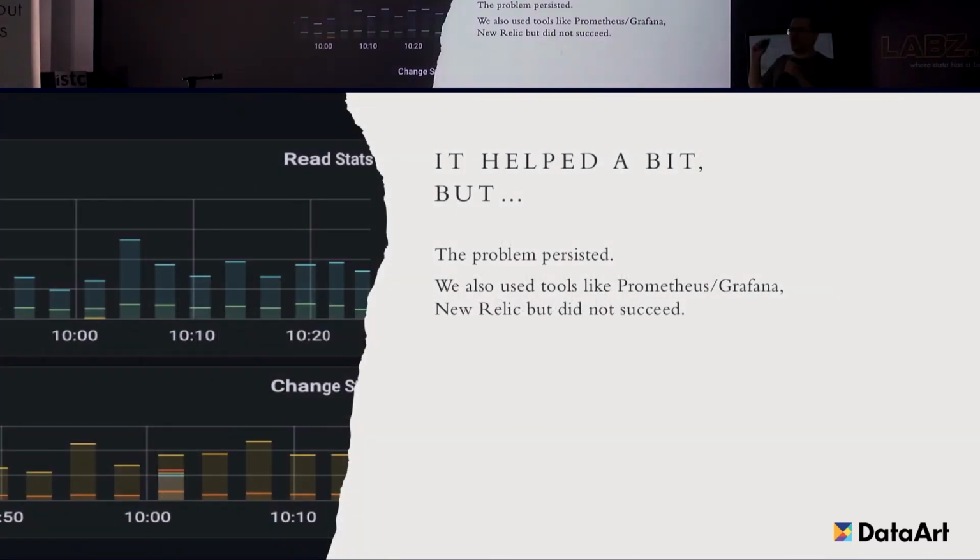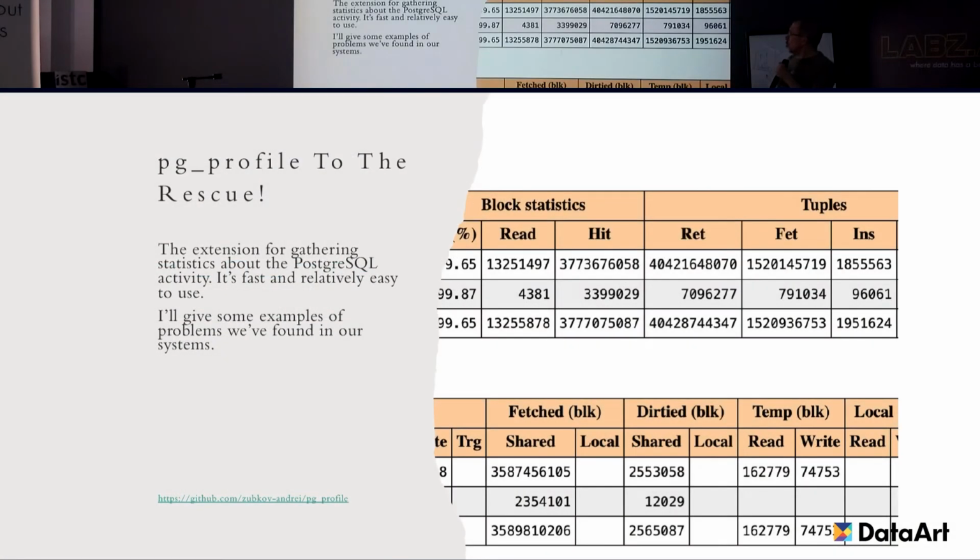We used some other tools, like, of course, Prometheus, Grafana, New Relic, but it actually didn't help much. So here we come to PGProfile. This is quite a cool instrument.